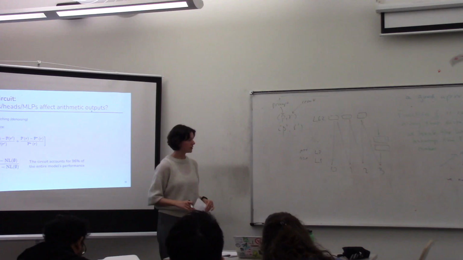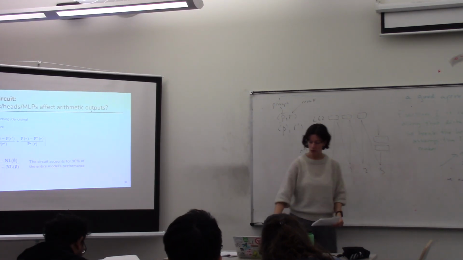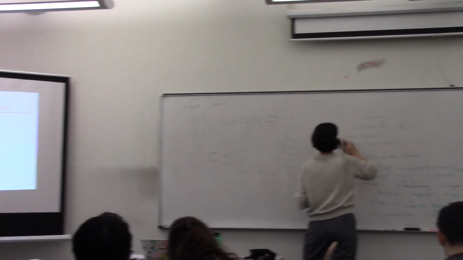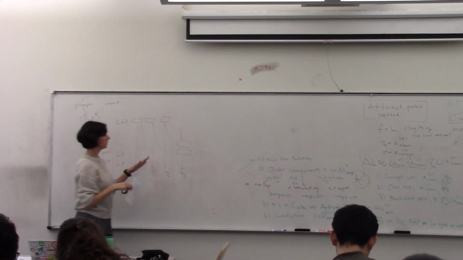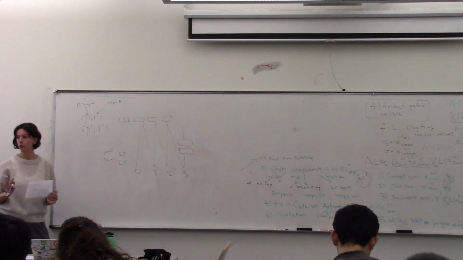And to test whether this circuit is faithful, what they do is measure the so-called faithfulness of this circuit, which is basically checking whether the circuit alone behaves like the full model.